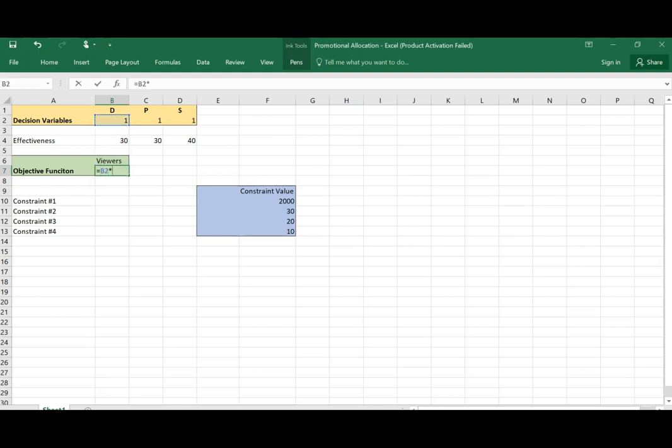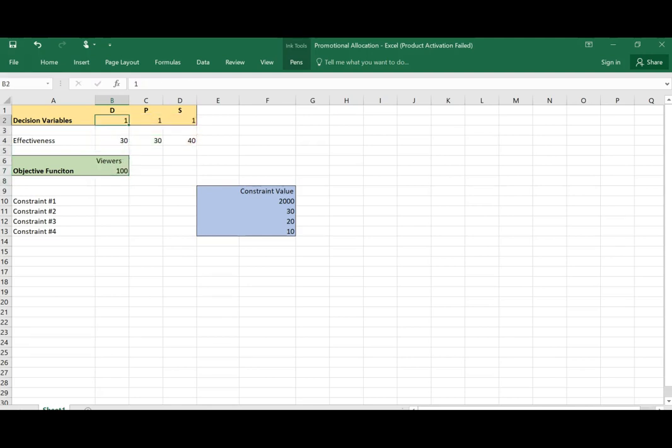We've got the amount of D times how effective D is, plus the amount of P times how effective P was. And then we've got the amount of S and how effective the S was, right? And so again, remember that I set D, P, and S equal to 1 just to see how this formula works, so I'm guessing this number is going to be 100, and it is, right?